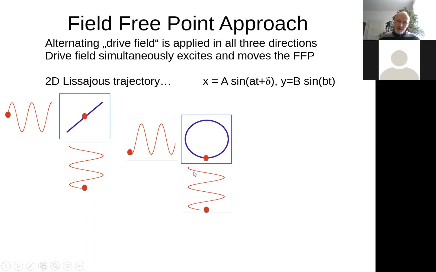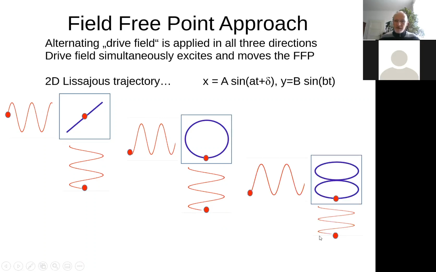If I have different frequencies of these fields, here is the basic frequency, and here is a frequency 2 times higher, then the field-free point will move along this curve. These curves are called Lissajous trajectories, and of course, their shape depends on the phase.